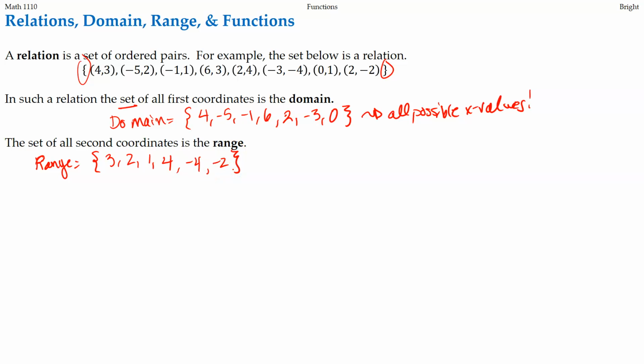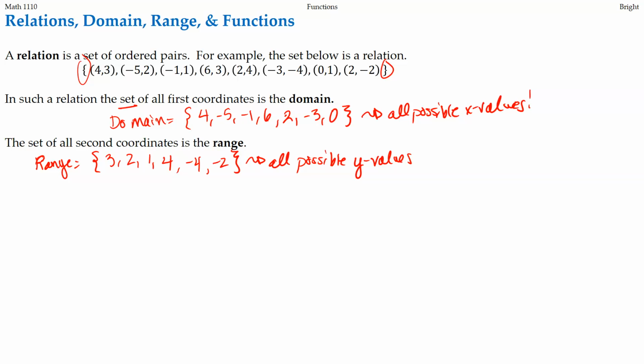When we write domain and range, if there are any repeated values, we don't need to include them because domain and range are just a set of all distinct values. These are all the second coordinates, and we can typically think of these as all possible y values, if you're thinking x and y.